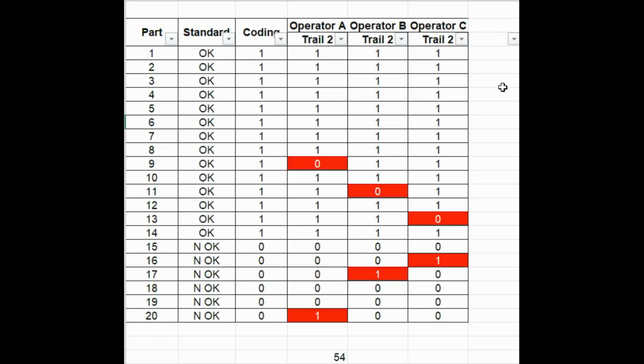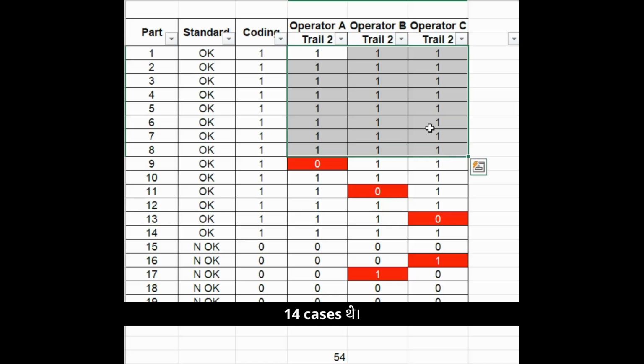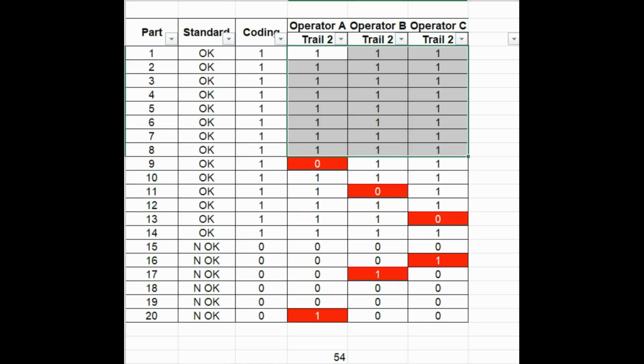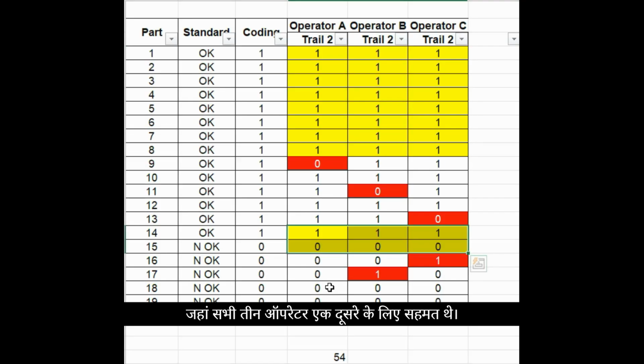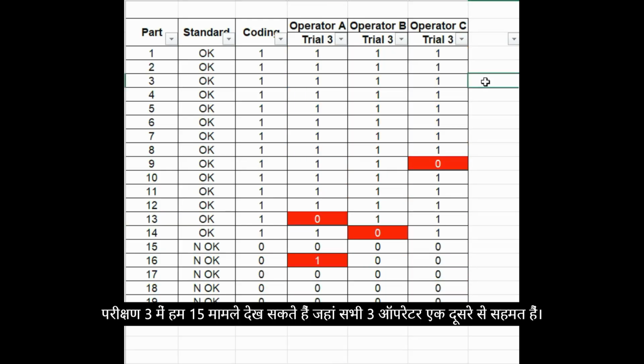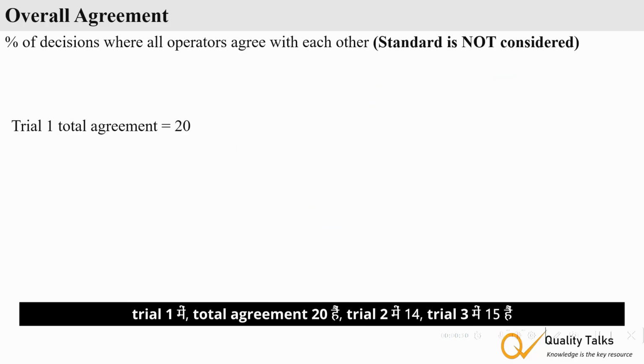While in trial 2, there were 14 cases where all 3 operators were agreeing with each other. In trial 3, there are 15 cases where all 3 operators are agreeing with each other.